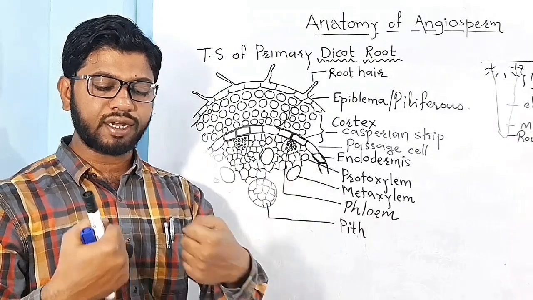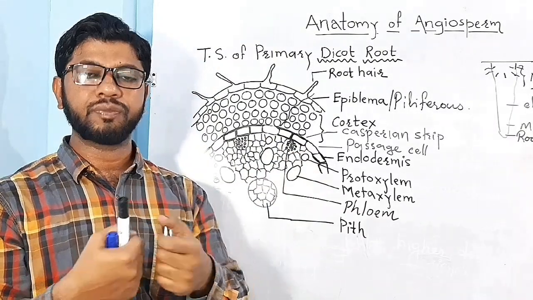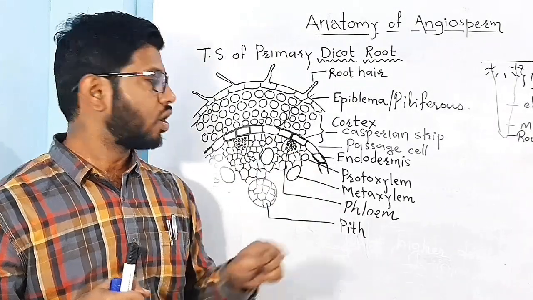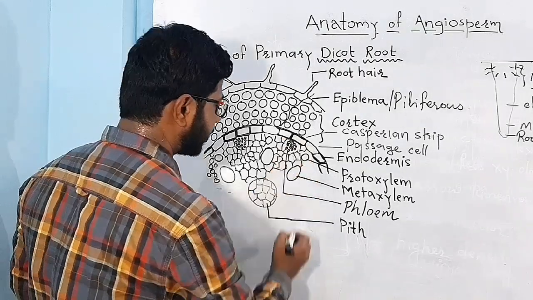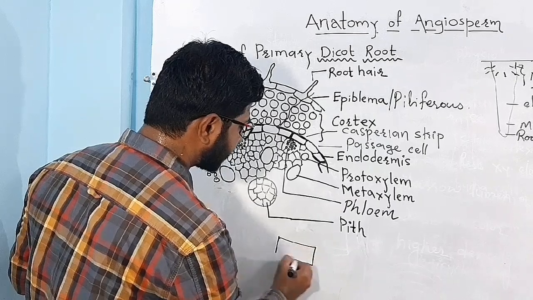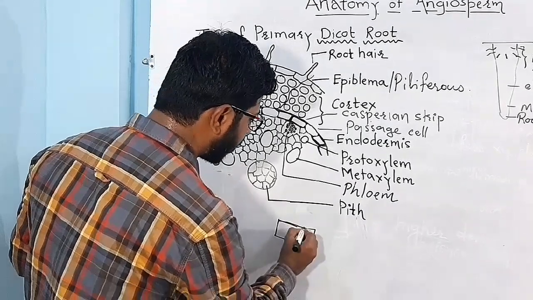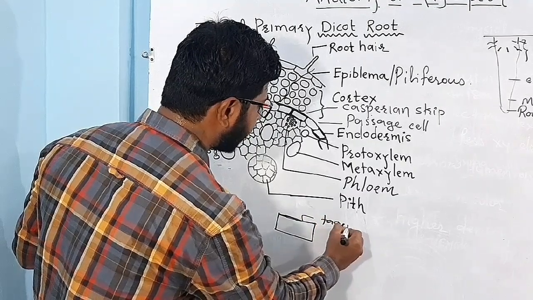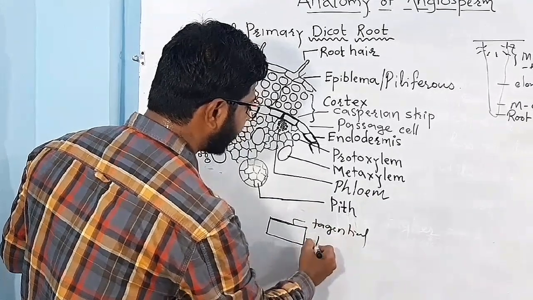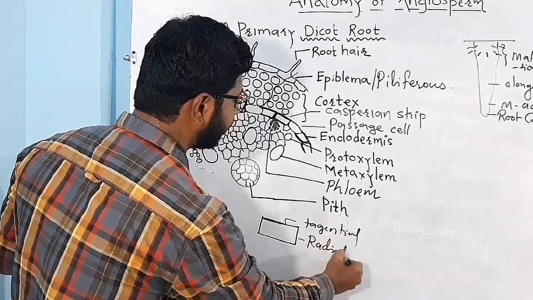These cells are joined very tightly to each other. Next point. Let us consider this is a cell of endodermis. The horizontal wall is known as tangential wall, and the vertical wall is known as radial wall.